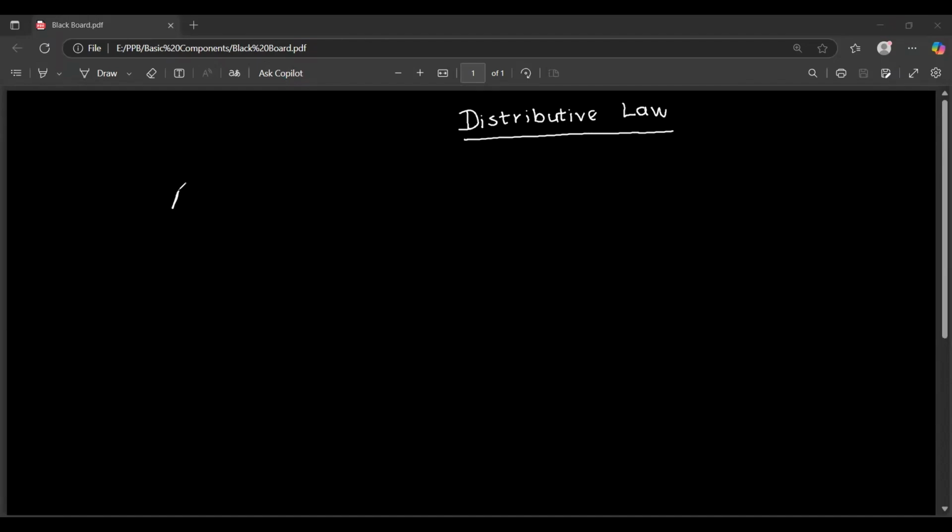The first distributive law states that a dot (b plus c) is equal to a dot b plus a dot c. Similarly, there is another one. If you have something like (a plus b) dot (a plus c), the output will be a plus b dot c.